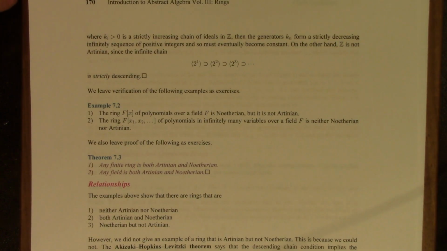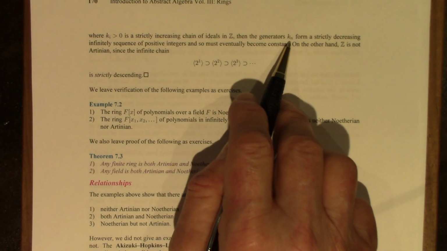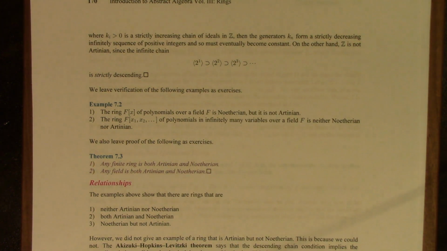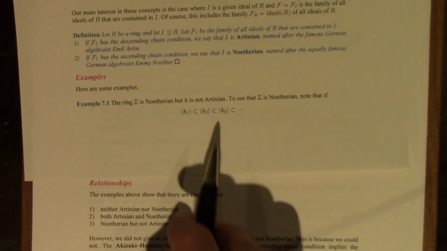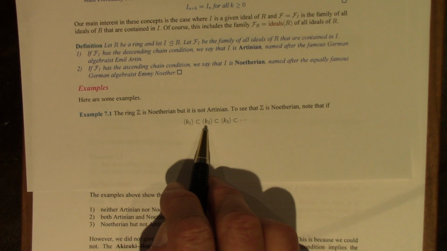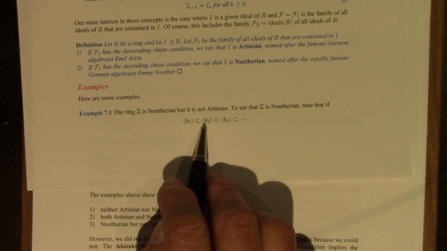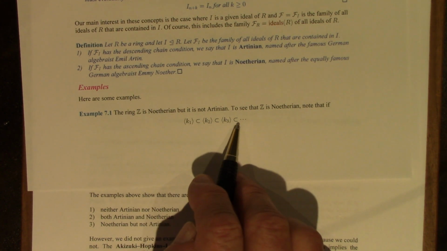Then the set of generators forms a strictly decreasing infinite sequence of positive integers. The order now is just the usual order. So k sub 2 is strictly less than k sub 1, k sub 3 is strictly less than k sub 2, and so on.